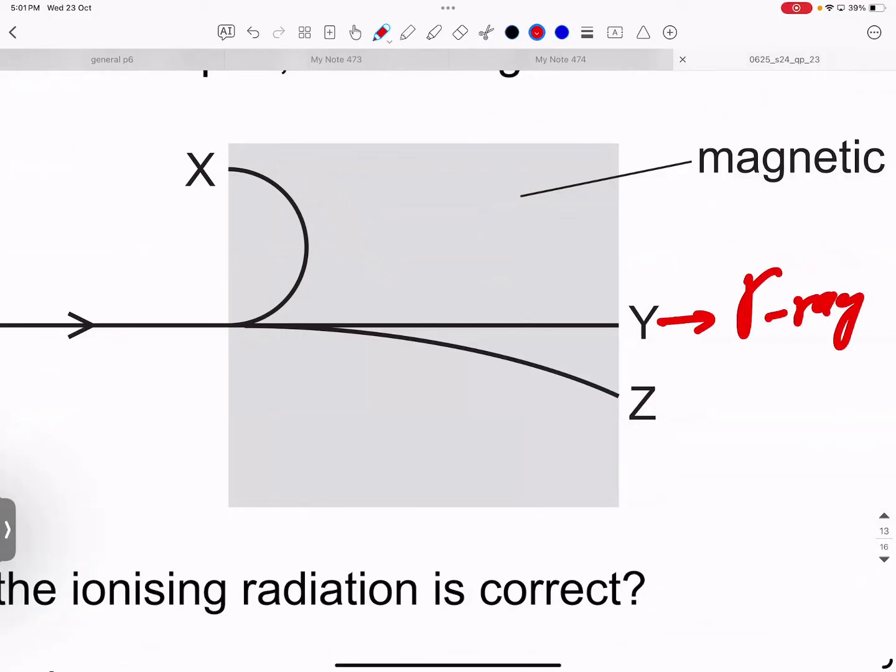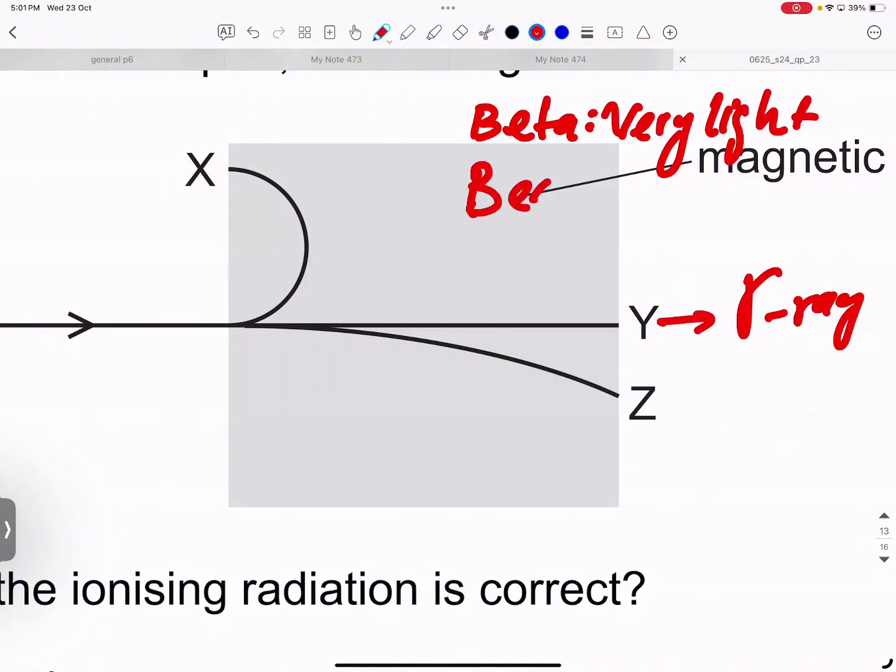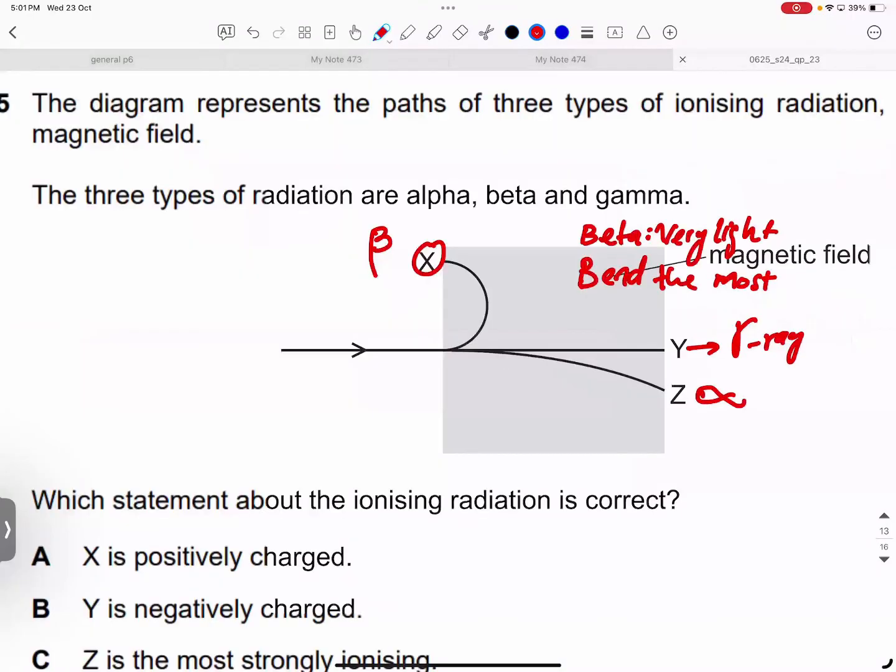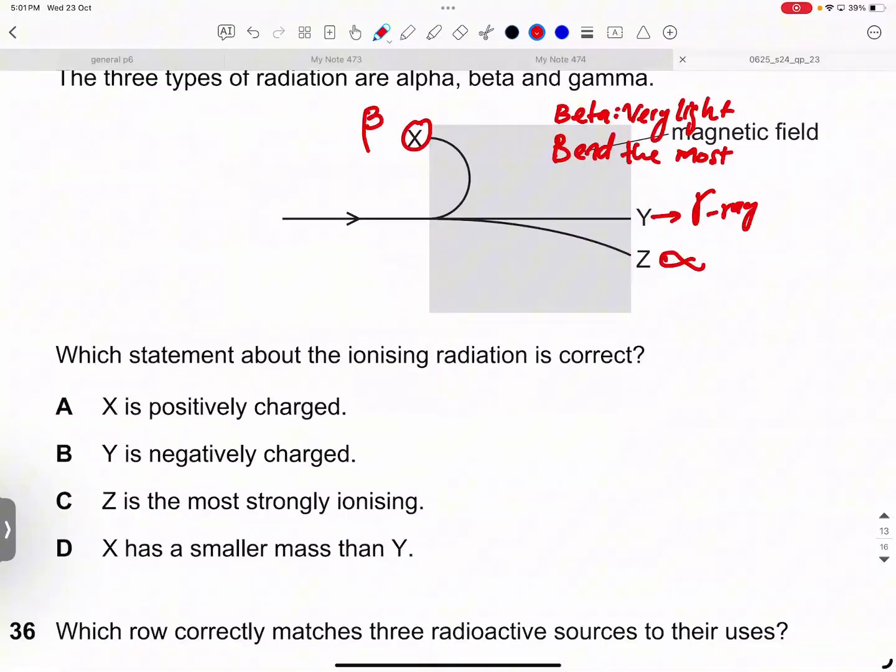X. Beta radiation have minimum mass. Please pay attention. The beta are very light, least mass. So they bend more. They bend the most in magnetic and electric field. So this one is what?